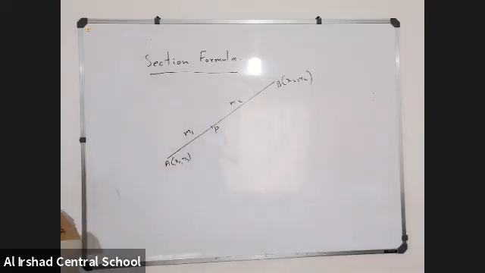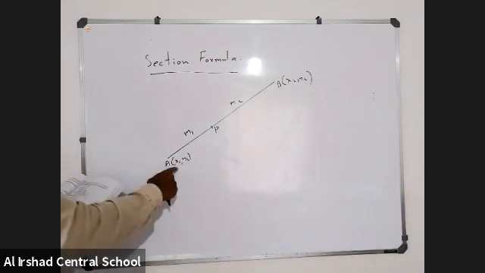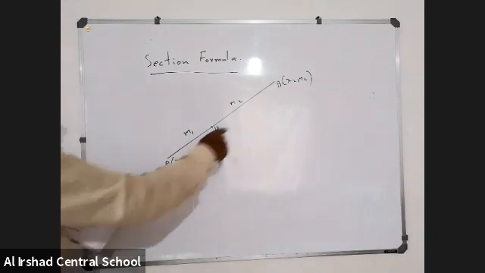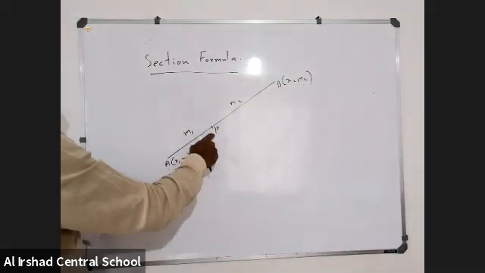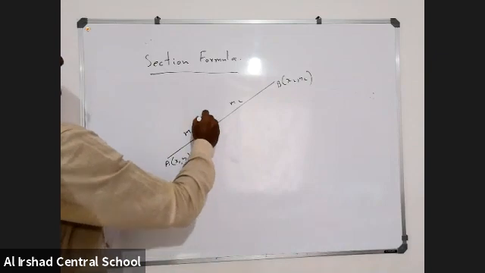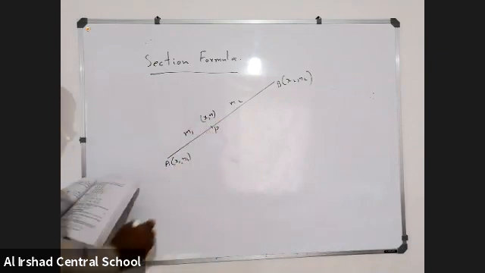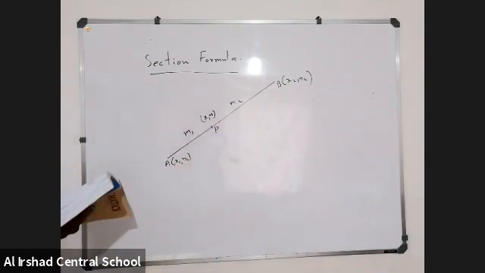For your interest you can read the derivation, but from the examination point of view we need the formula. What is the section formula? Understand first: x1, y1 is A, x2, y2 is B, and P, the coordinate, suppose this is x, y, exactly as in figure 7.10.